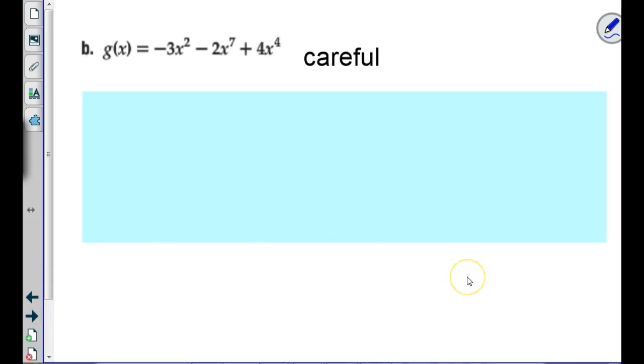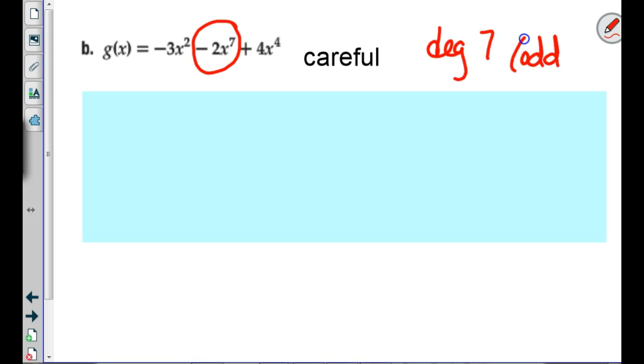What about this one? This is a trick question. Does anybody see why it's a trick question? Yeah, the degree is actually odd, right? What does that mean when the degree is odd? One end's up and one end's down. Okay, this is normally a degree 3, but this negative means the left side is up, right?